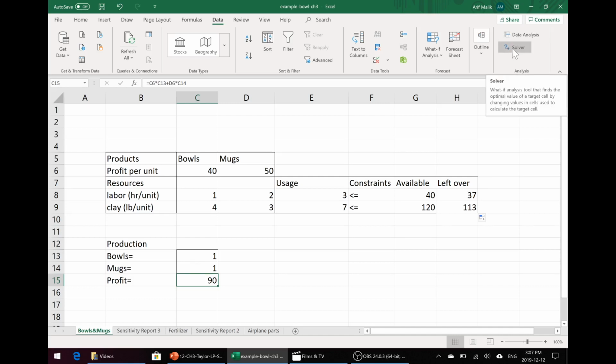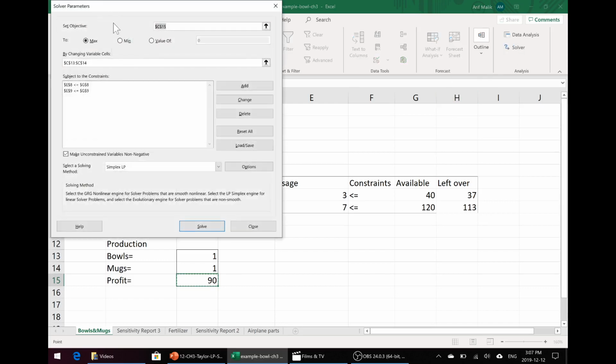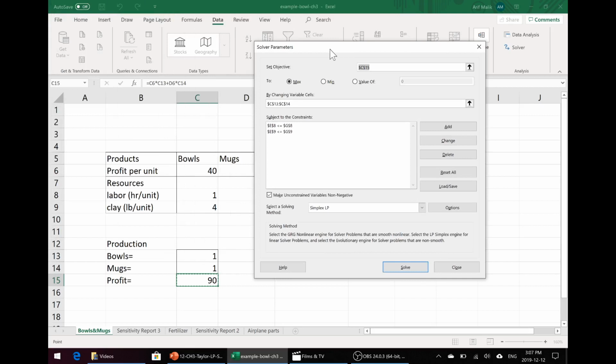Now when we go to Solver, I have put the cursor on the profit cell, where we want to get our answer, so that in Solver it is the objective function, and it is saying C15. So I already put it at 15, which is fine.